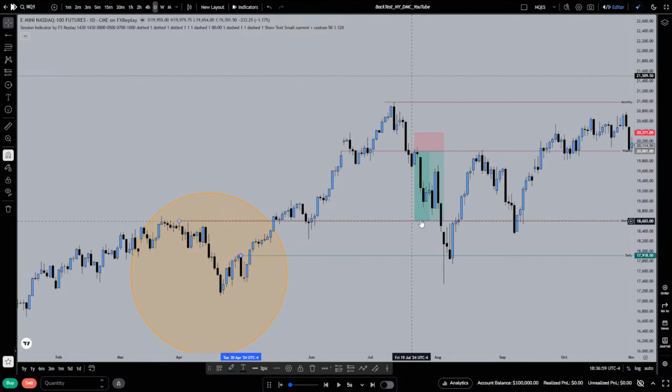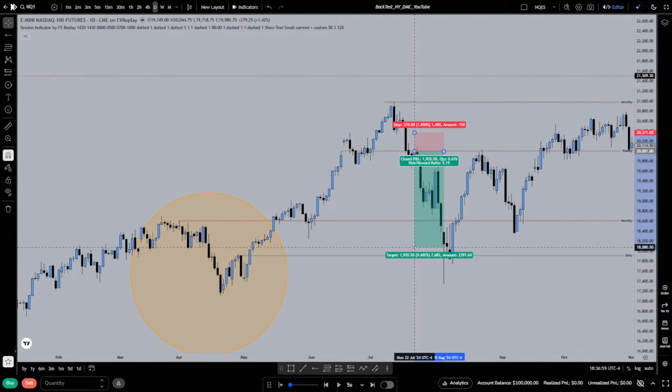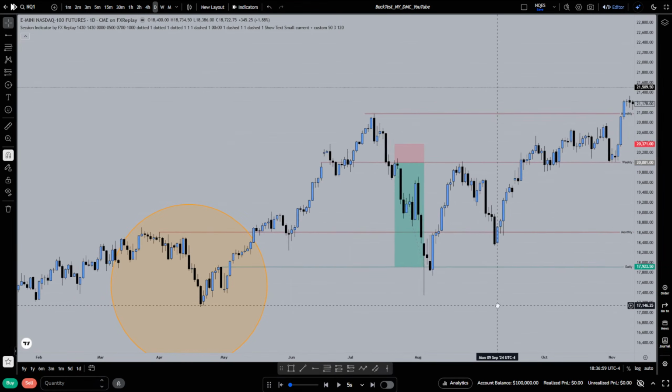So this monthly would have been the base hit, and if we would have kept it, it would be this type of a trade.